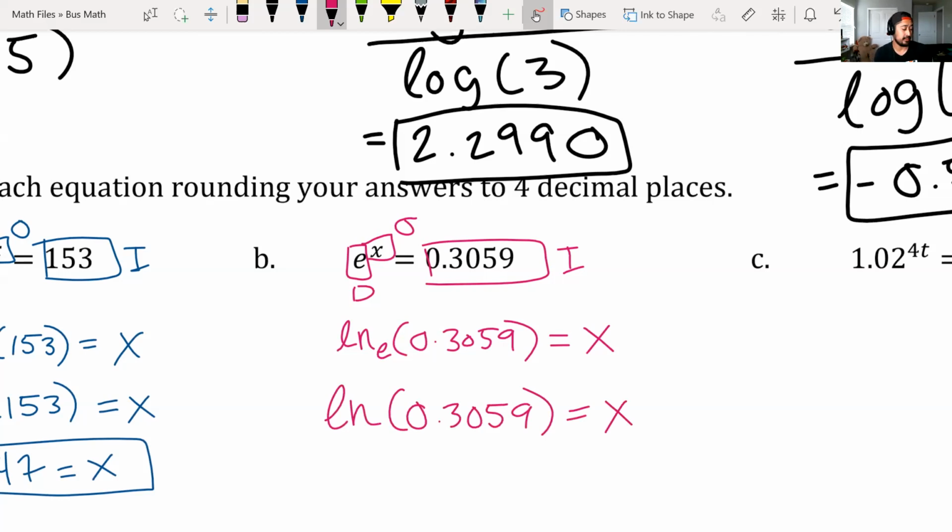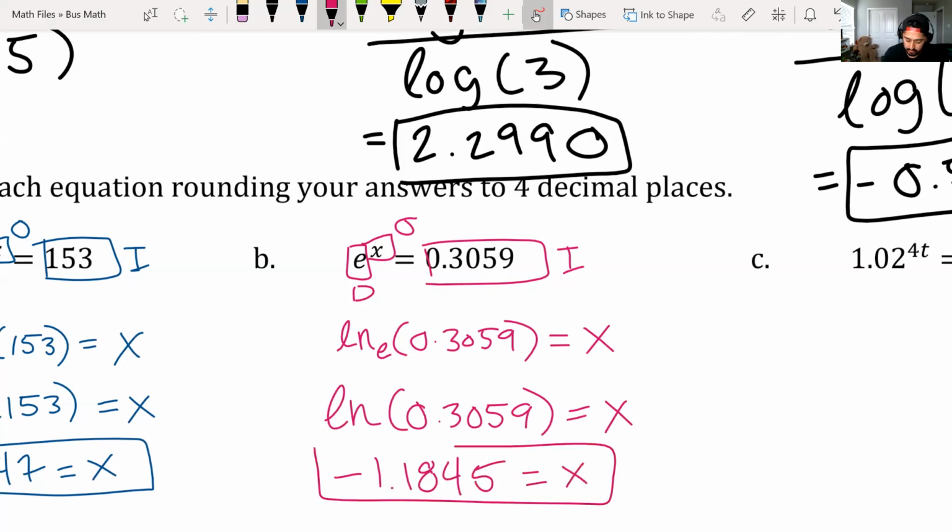So all I have to do is hit natural log 0.3059, hit enter, and I'll get negative 1.1845 equal to x.